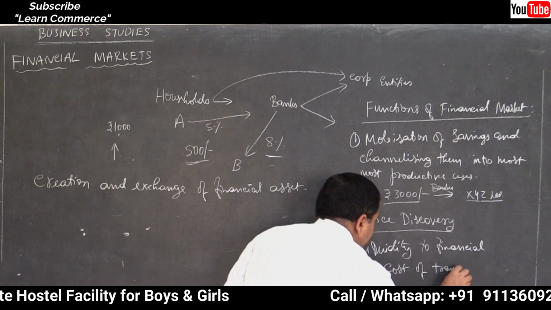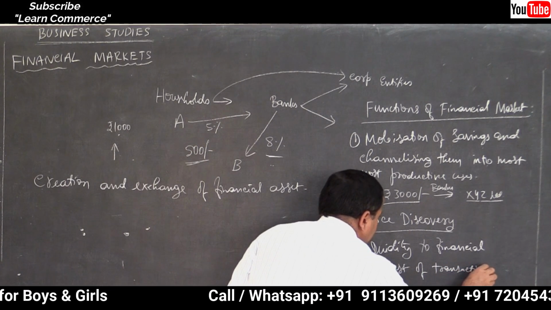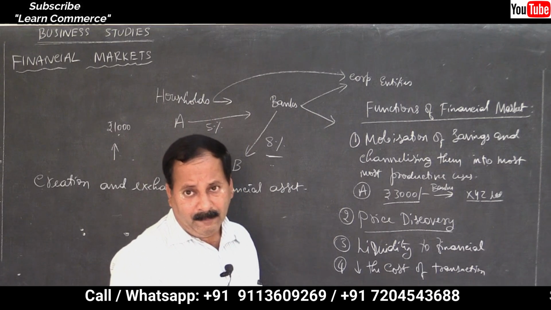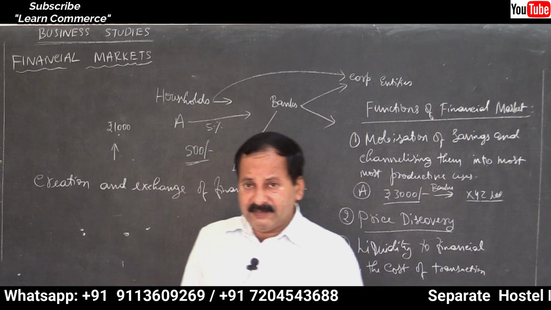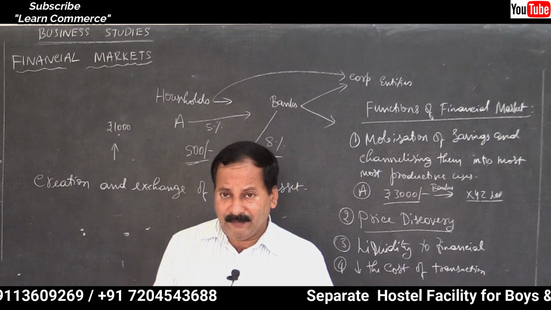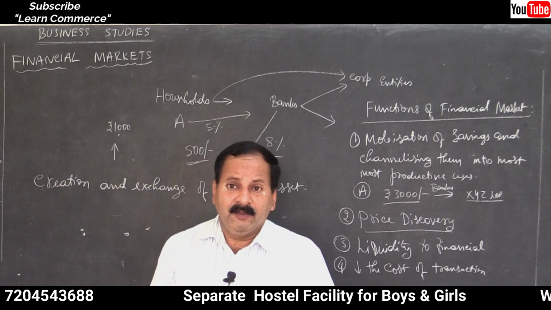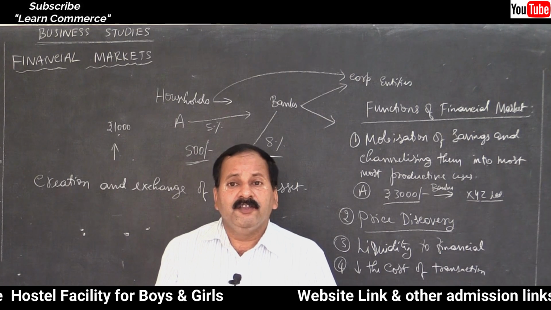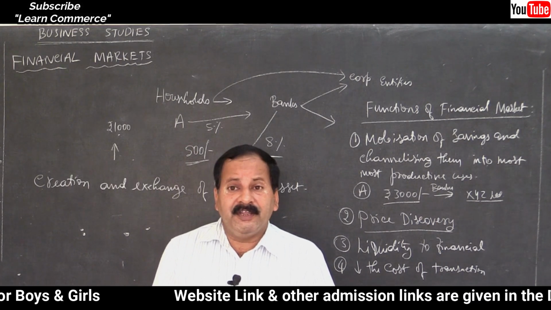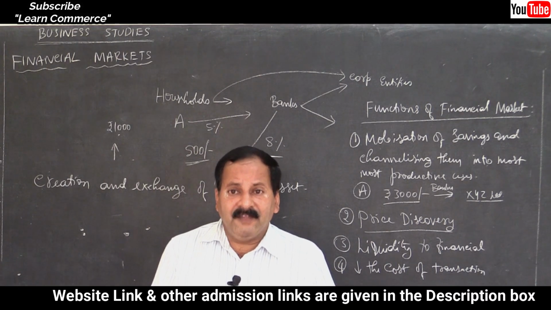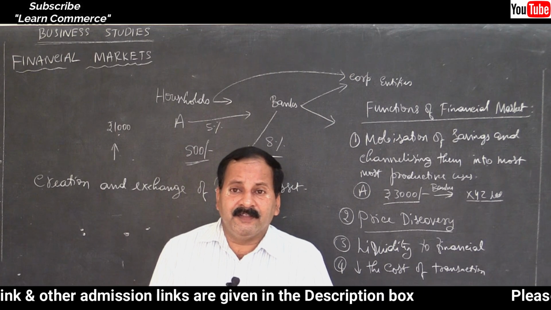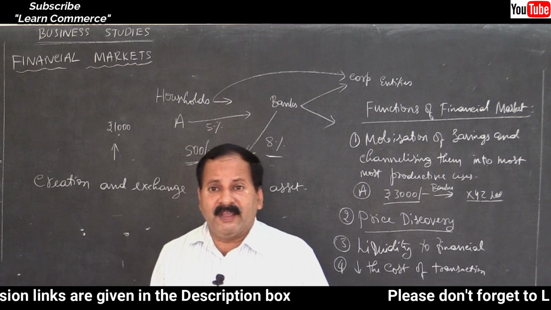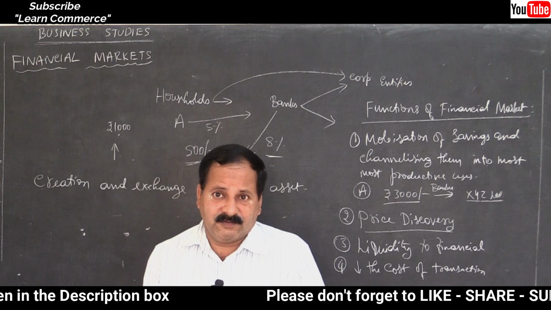In olden days, if you wanted to sell a share, the procedure was very lengthy. You had to send the securities, the shares which you were having, to the company. Maybe after 15 days, the company would check the genuineness of the shares, and they may return them, stating that these are not the shares issued by us, these are bogus shares.